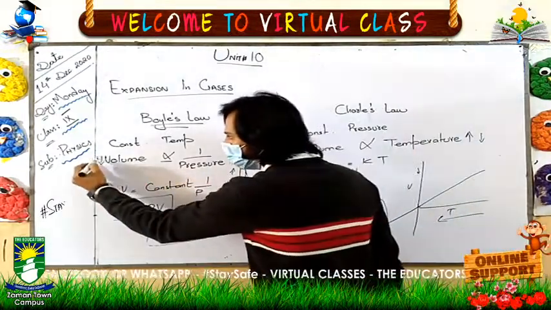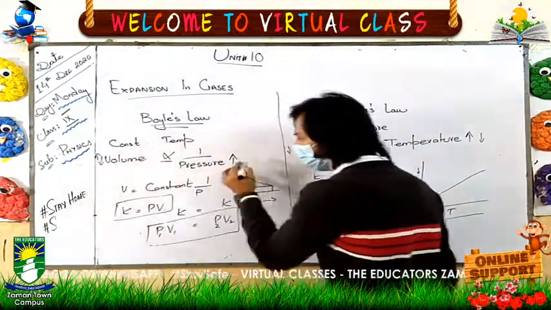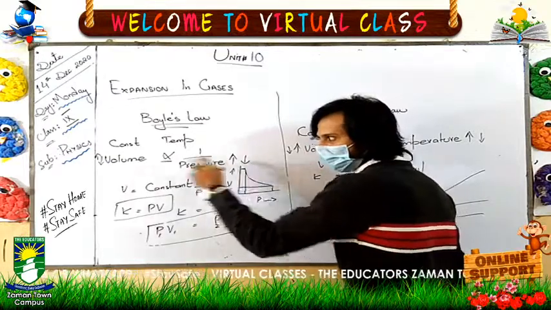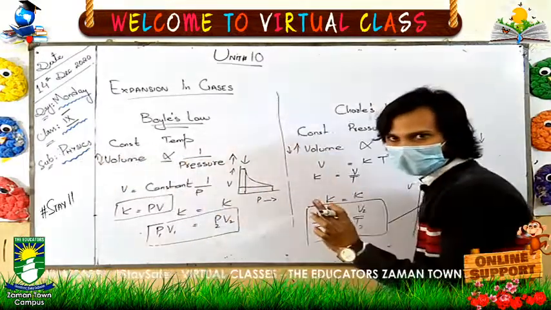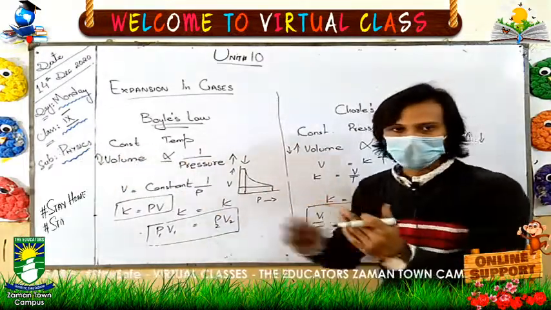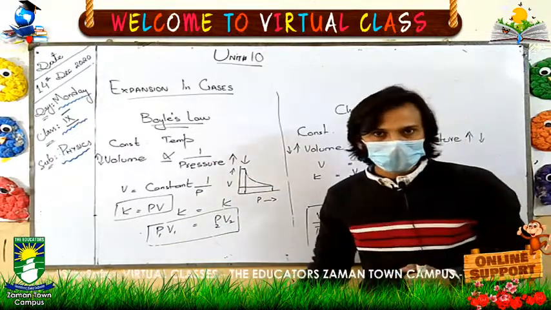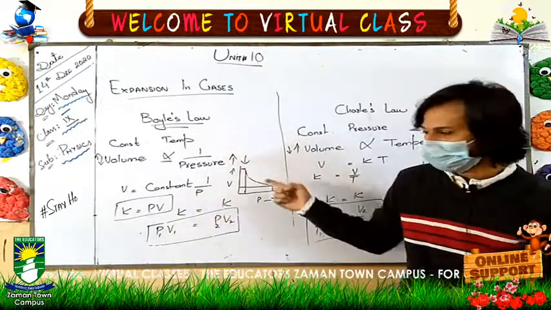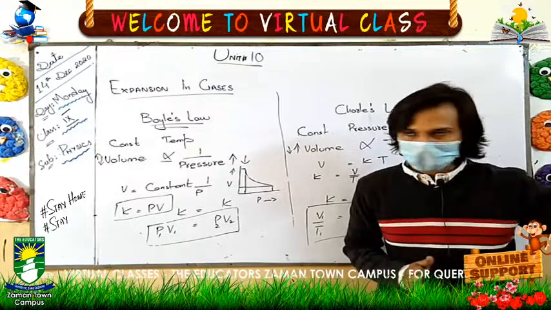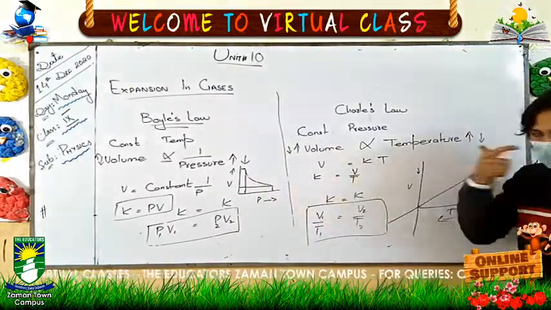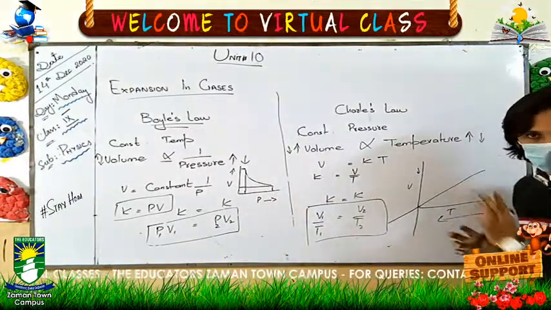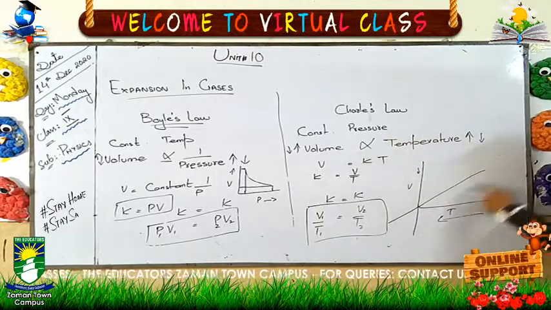It also means, if I decrease the pressure, volume will automatically increase. That is inverse: if I do something with one property, the opposite happens with the other one, but in the direct case, the same happens with the other one. Okay, so this will be the graph.